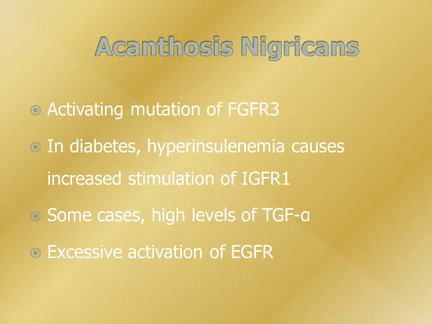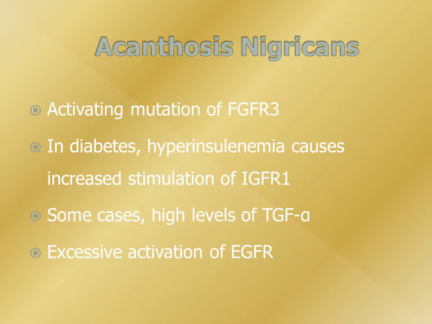If we talk about the mutation in acanthosis nigricans, there occurs an activating mutation of fibroblast growth factor receptor 3, and this is a receptor tyrosine kinase. What happens in diabetes? The hyperinsulinemia causes increased stimulation of the insulin like growth factor.